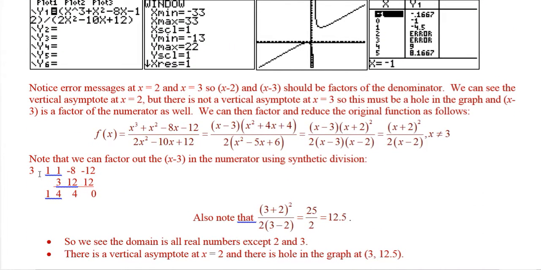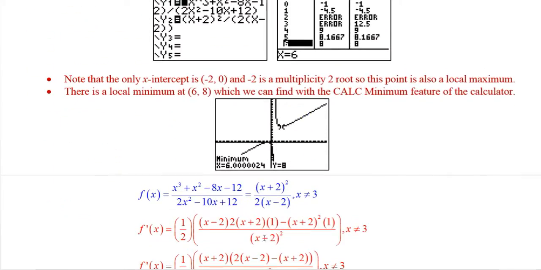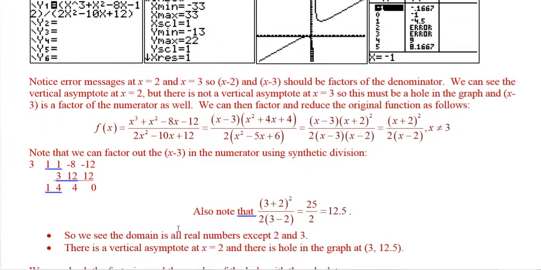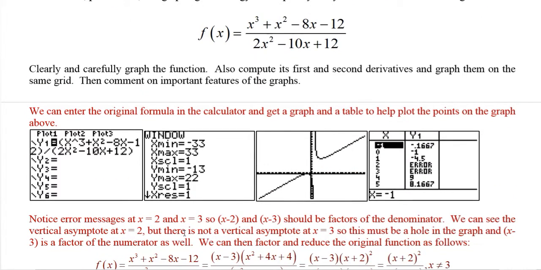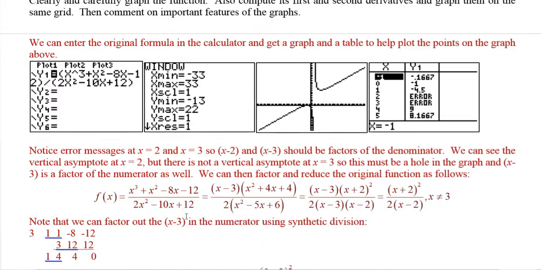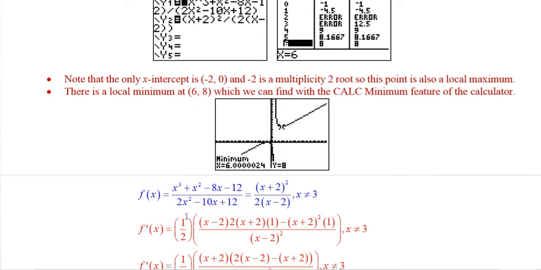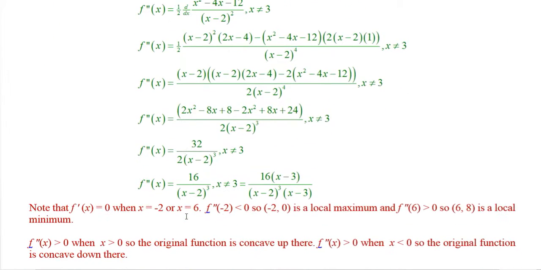We get to review things like synthetic division, long division, quotient rule, for example, on derivatives, of course the chain rule. We also looked at graphing. We looked at hole in the graph, vertical asymptote. We got to talk about x and y intercepts, and so forth. So this example reviews a lot of things.